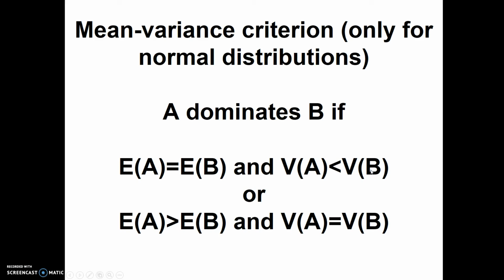The criterion can also be stated as: A dominates B if they have the same variance, but the expected value for strategy A is greater than the expected value for strategy B.